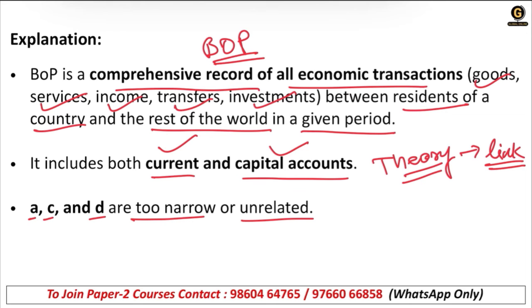In the theory session as well, we have discussed how BOP is calculated, the factors included in the calculation of BOP. Clear? Current account, capital account, finance account, reserves, and how reserves are calculated. What is the connection of reserves with the BOP, that you will understand in the theory session.